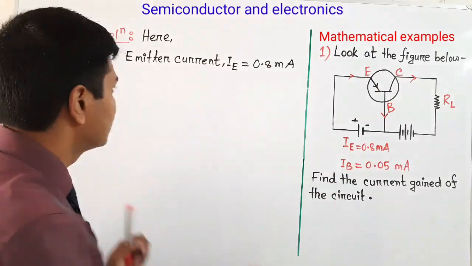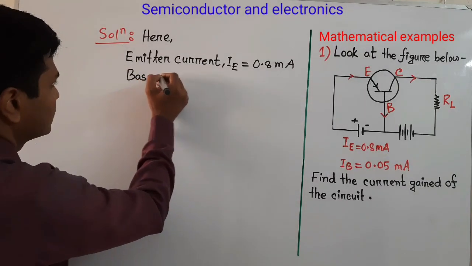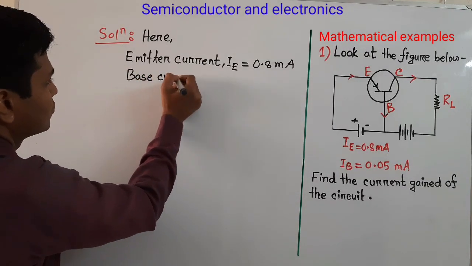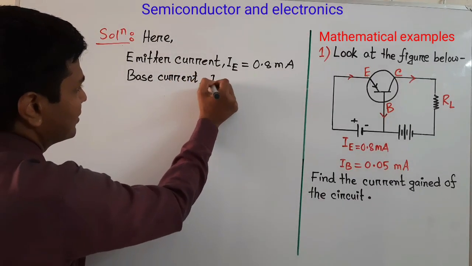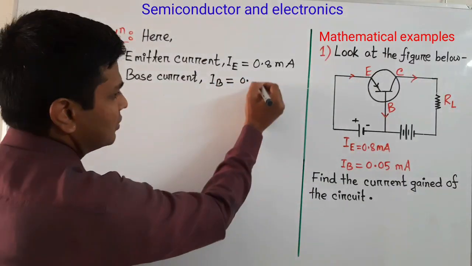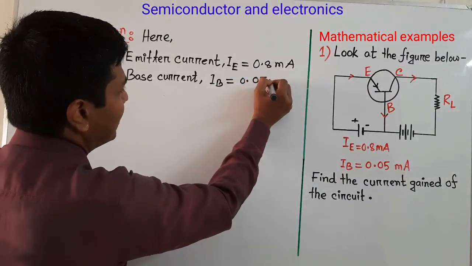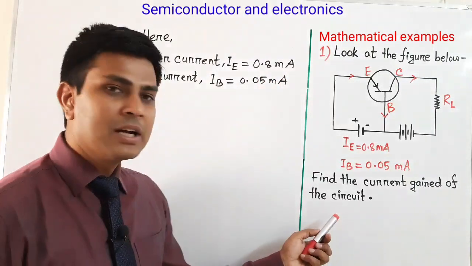Then the base current is IB, and its value is given as 0.05 milliampere.